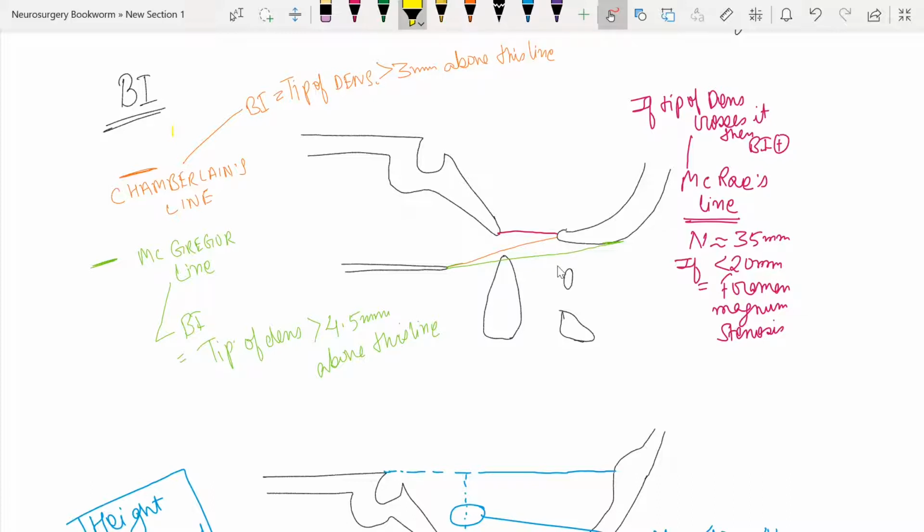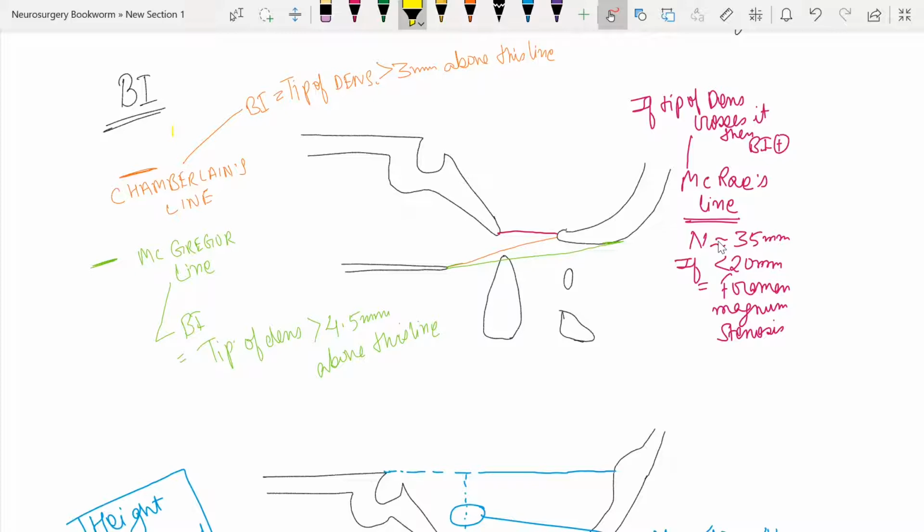Then the third line is McRae's line. So McRae's line is a line which joins opisthion to basion. Normal value for McRae's line averages around 35 mm in the sagittal section.